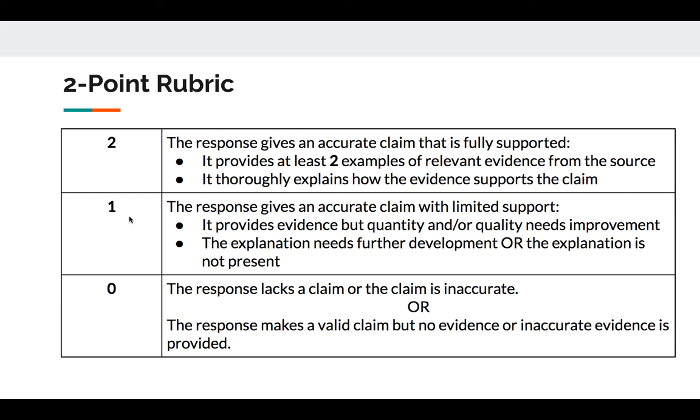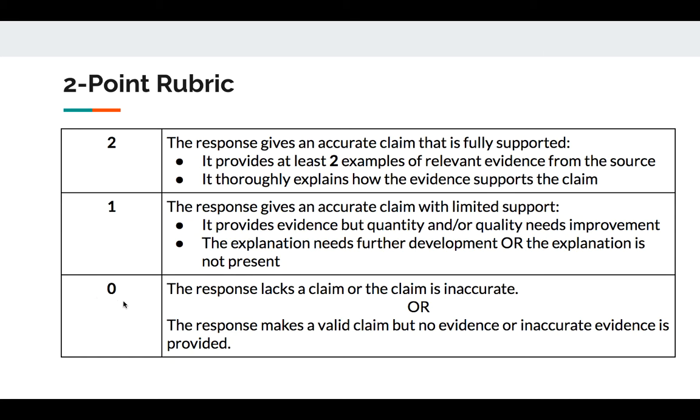A 1 out of 2, so partial credit, gives an accurate claim still, but the support is most likely limited. So it will provide evidence, but the quantity or quality may need improvement, and the explanation may also need further development, or the explanation may be missing.